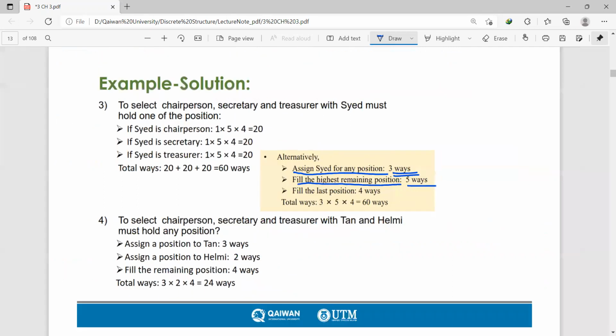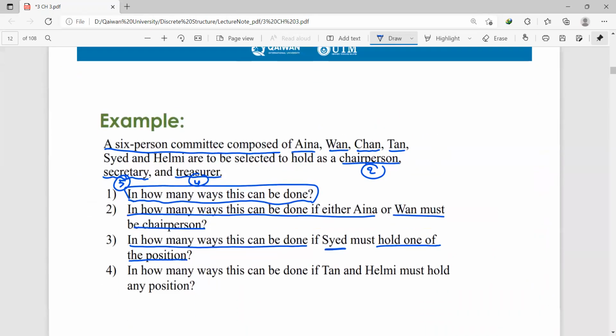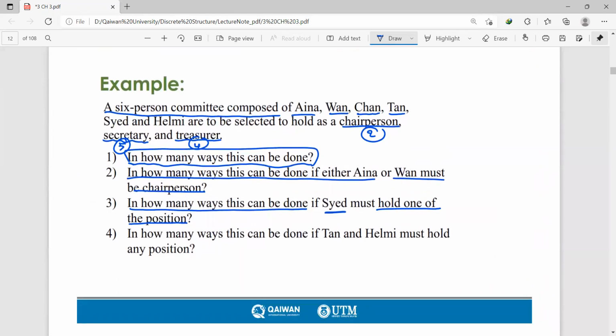Look at the question. The question says we have 3 positions and 6 people. Look at the first question. It says, in how many ways can this be done? It means in how many ways we can select a person for each position: for chairperson, for secretary, and for treasurer.